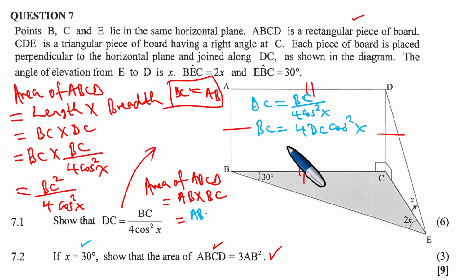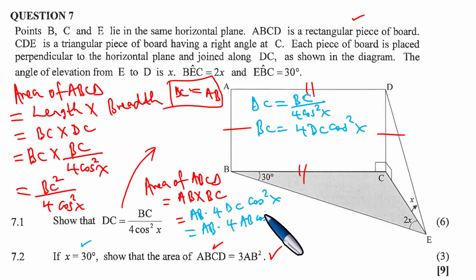So in the place of BC, you put 4 DC cosine squared x. You have AB times 4. What is DC? DC is AB. What is x? 30 degrees. This 4. AB times AB is AB squared.